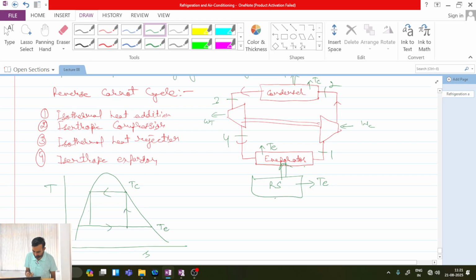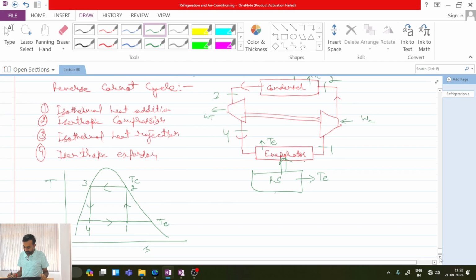So this is my reverse Carnot cycle showing all the four processes. Is this one clear? This already I have discussed. Okay. Then after this, what we will be having?